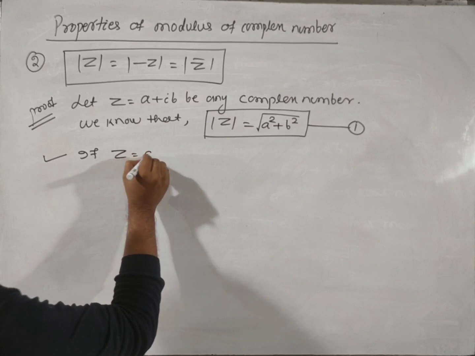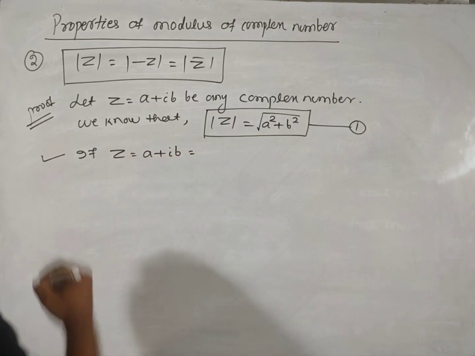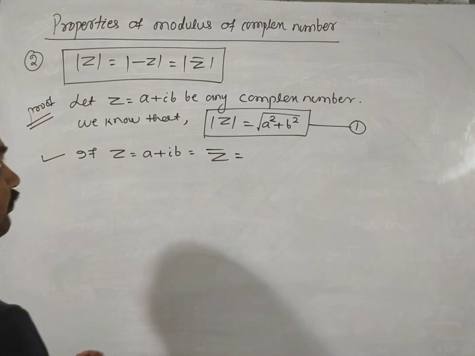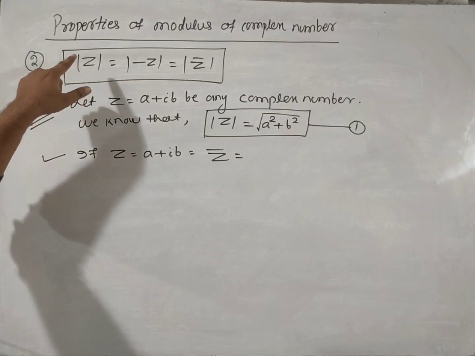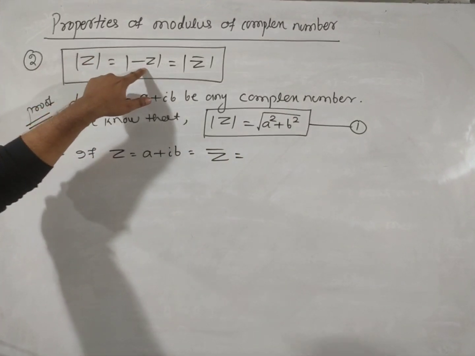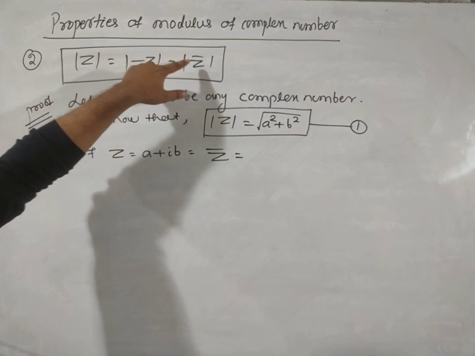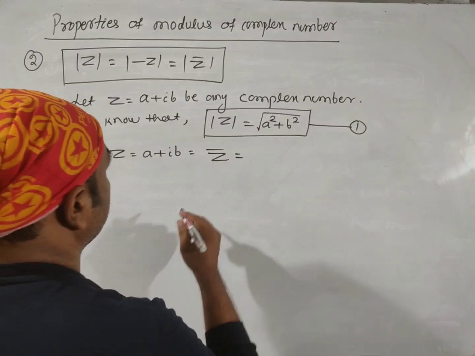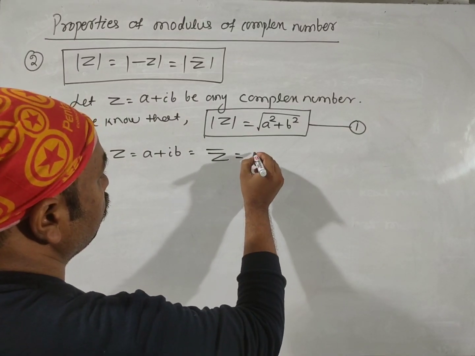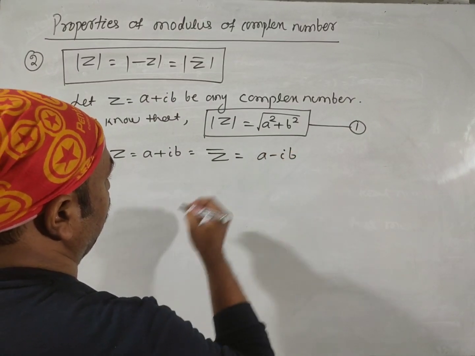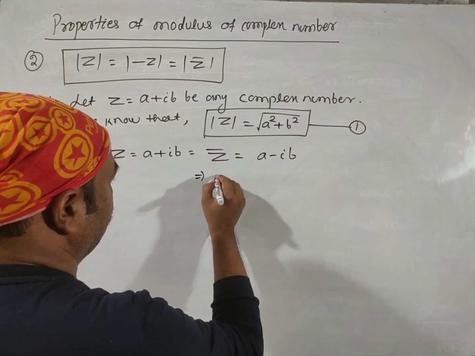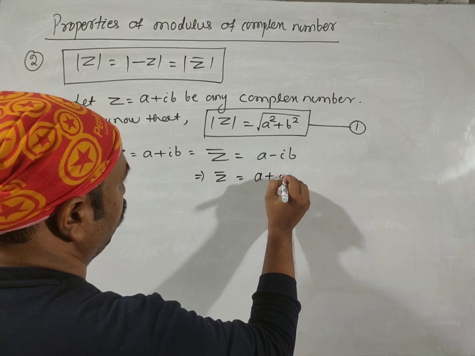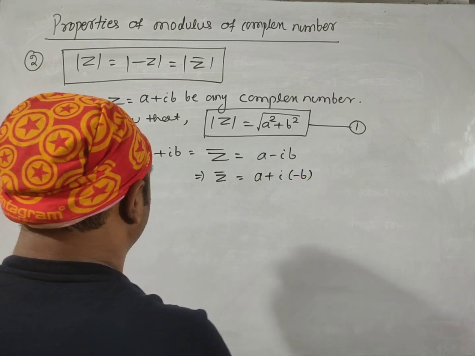If Z is equal to a plus ib, then conjugate of Z, because here we have to prove that modulus of Z is equal to modulus of minus Z is equal to modulus of conjugate of Z. So it is a minus ib, and we can express it as conjugate of Z is equal to a plus i into minus b.